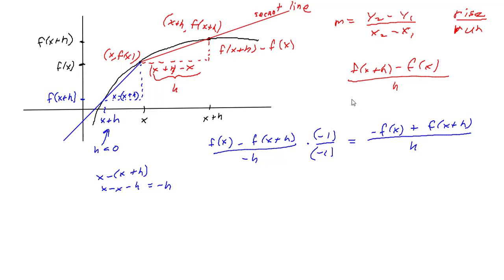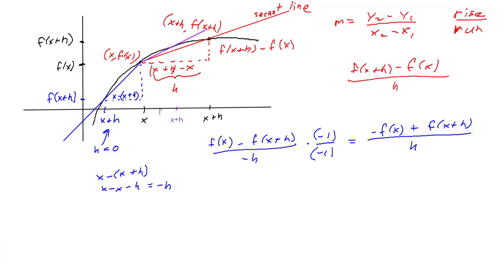Now the derivative actually is the limit of either of these expressions, which really is the same thing, the limit as h approaches 0 of these. So for example, if you cut h in half here, now your secant line that was that red line is going to be, say, looking something like that.